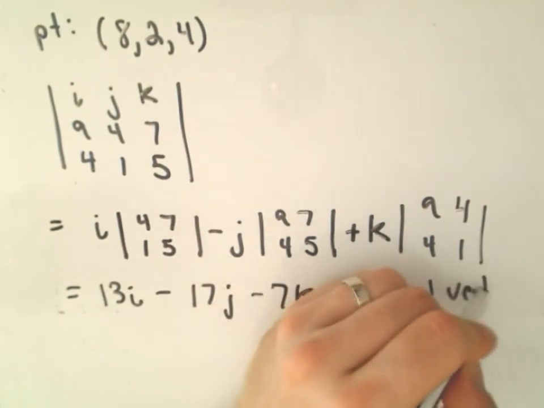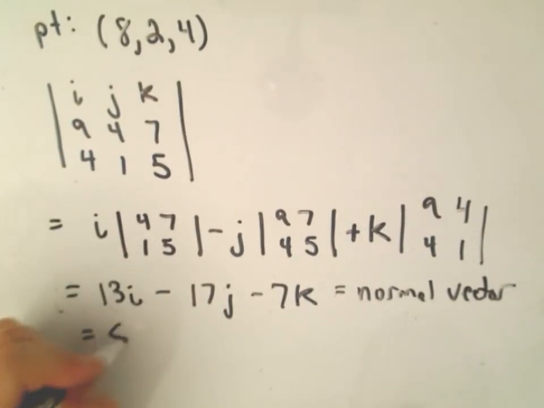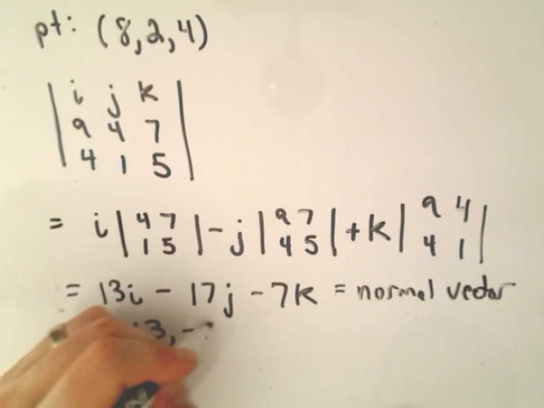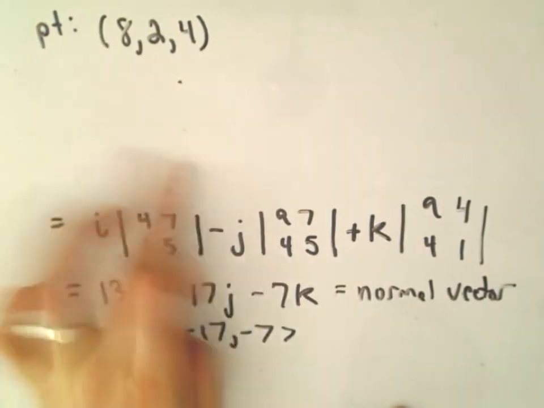So it says to find the scalar equation of the plane, we need the components of the normal vector, which I now have. And it says we simply take x minus a point.